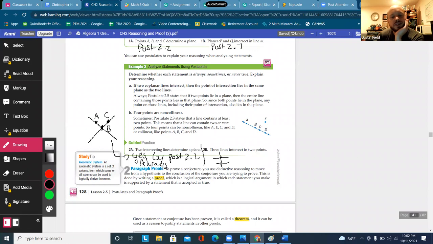Is that like this? Or we could have this. But I think 3 lines intersecting at 2 points would have to be like this.